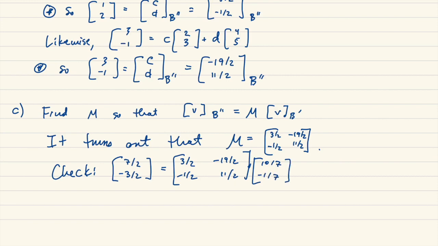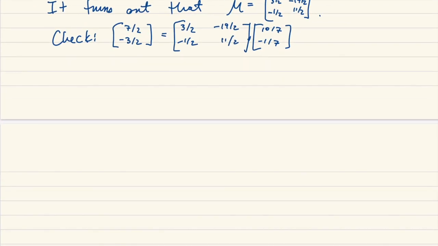So if you multiply these out, you really do end up with 7 halves, negative 3 halves. Okay, so this is again another way to view the change of basis formula.